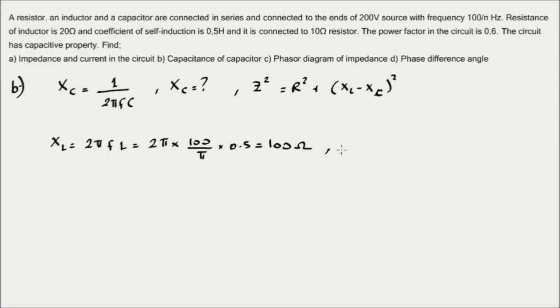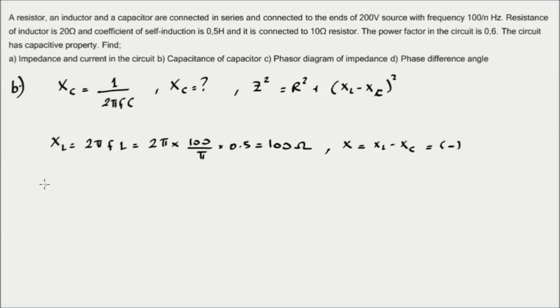And X equals XL minus XC. There was information that says the circuit has capacitive property. If the circuit has capacitive property, the result of this is going to be a negative value.